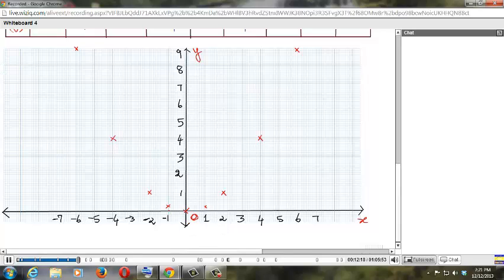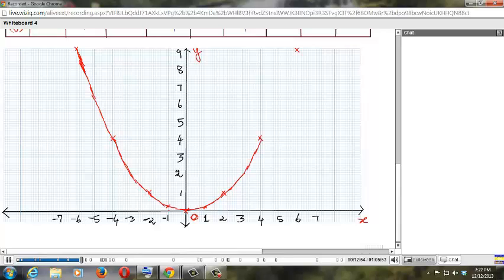Now we are going to join all these points by a smooth curve. So the curve passes through the different points, and it passes in particular through the origin, and that is the vertex of the parabola.